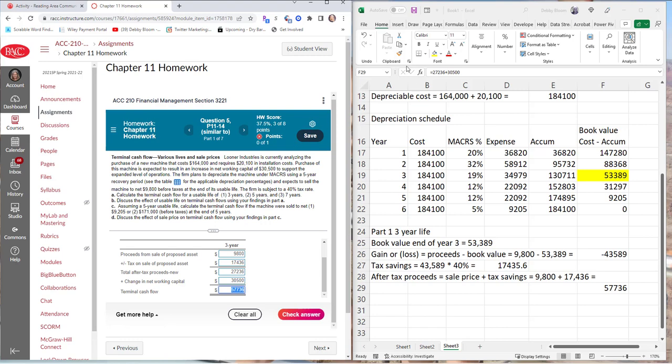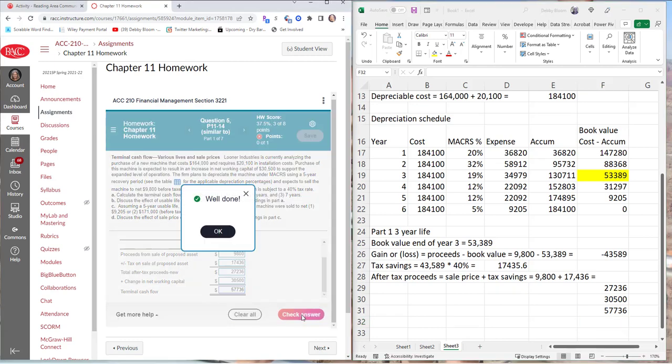Let me go back because that cell now has the wrong number. 27,236, add the 30,500, and now we have our total terminal cash flow, 57,736.